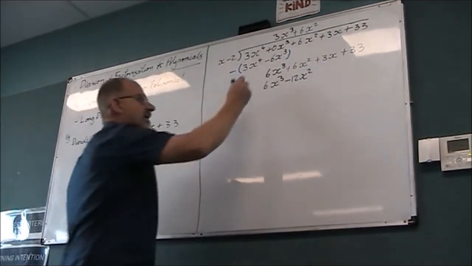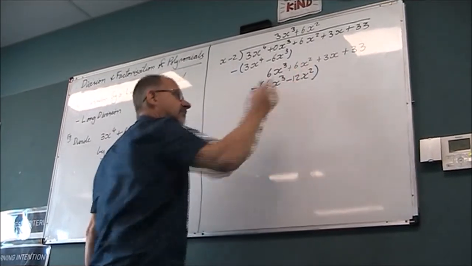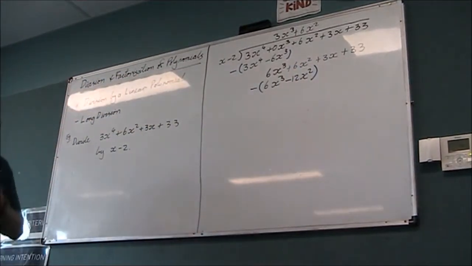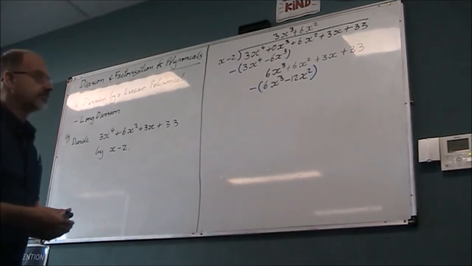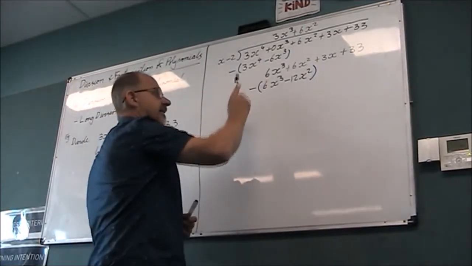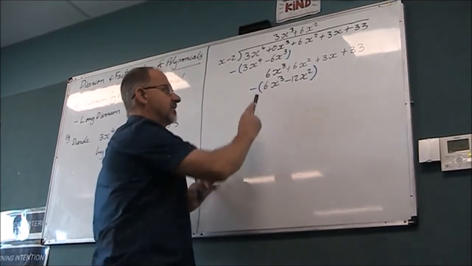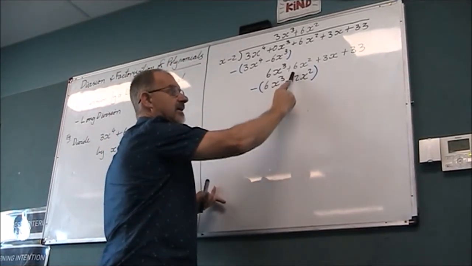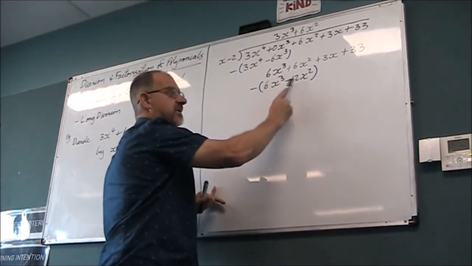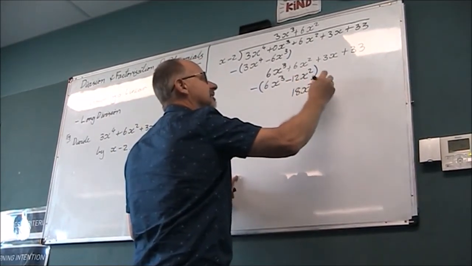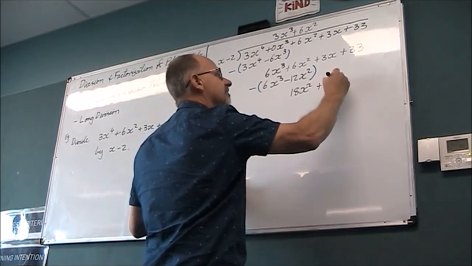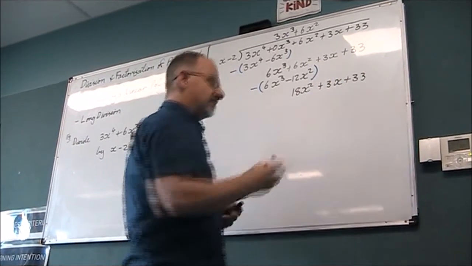And now we take away that stuff. So 6x cubed take 6x cubed, that's gone. Negative here, 6x squared plus 12x squared, 18x squared. The 3x and the 33, we haven't done anything with that.